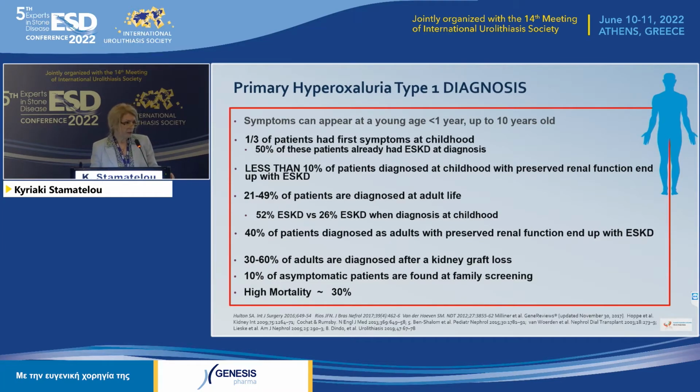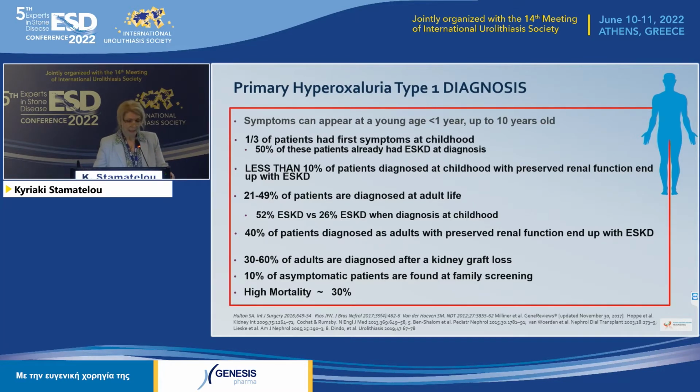One third of the patients have their first symptoms in childhood, and 50% of these patients already have end-stage kidney disease at the time of diagnosis. Less than 10% of the patients diagnosed in childhood who still have a preserved renal function end up with end-stage kidney disease.